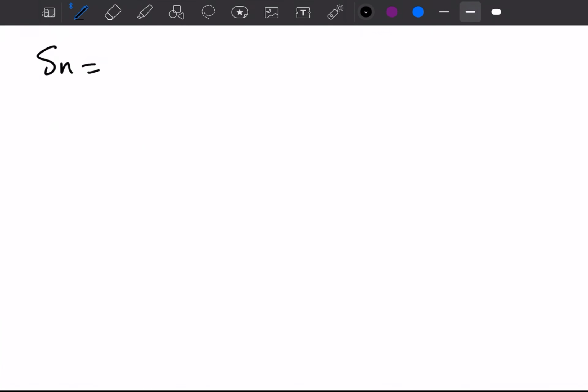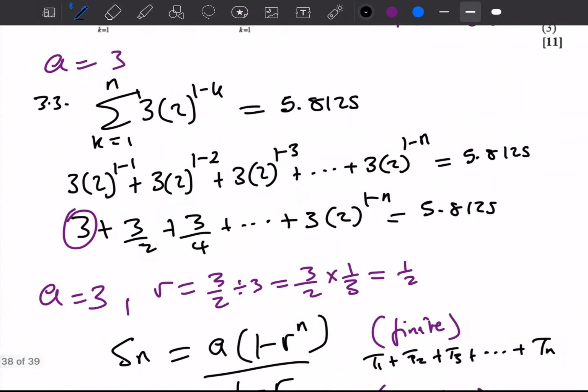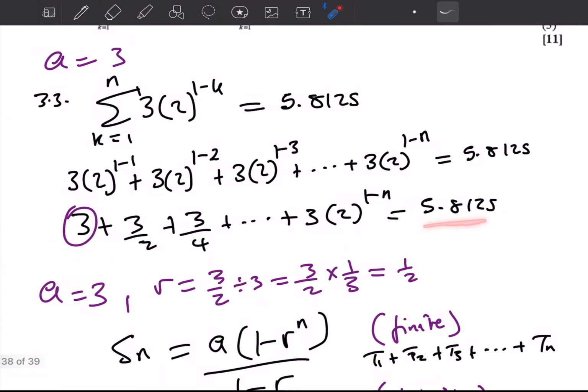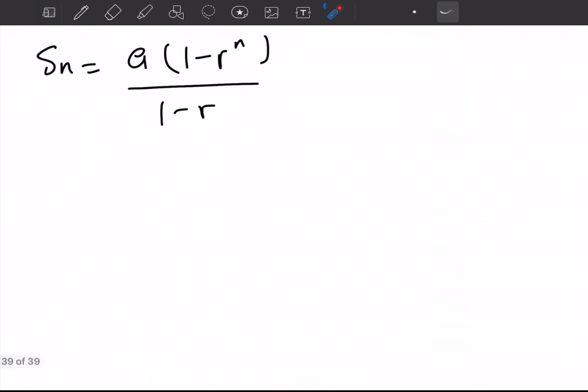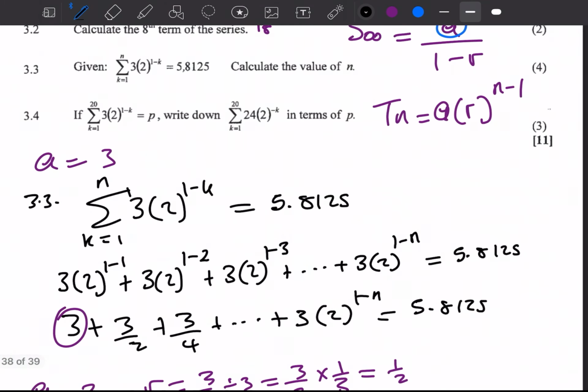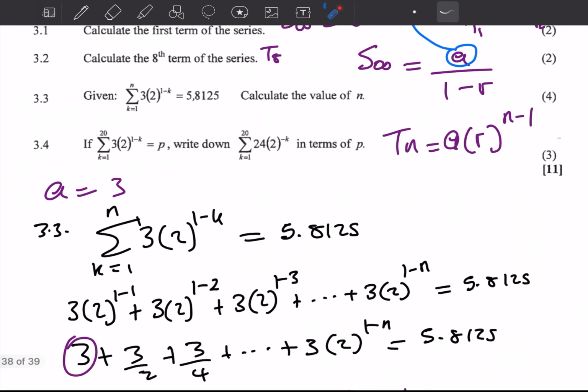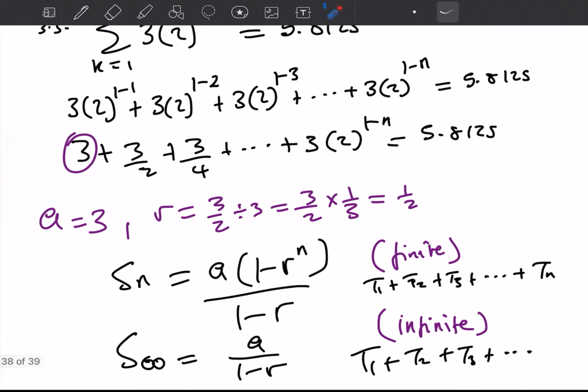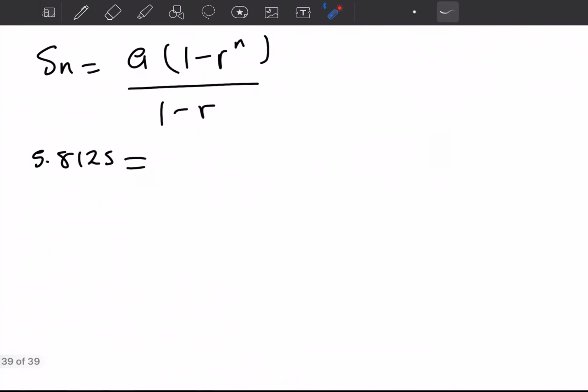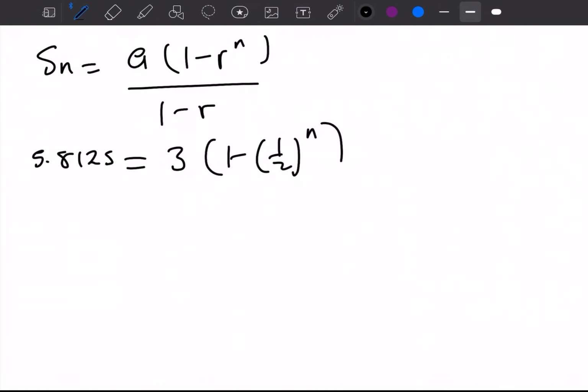Have Sn is equal to a 1 minus r power n over 1 minus r, and we know Sn is this value, 5.8125, and our a is 3, our r is half. So let's go, our a is 3, 1 minus half power n over 1 minus half.